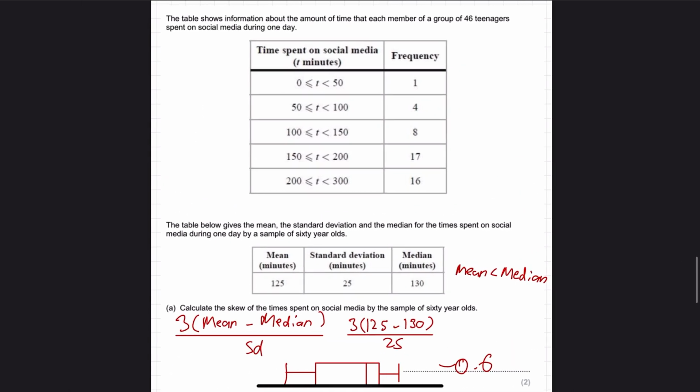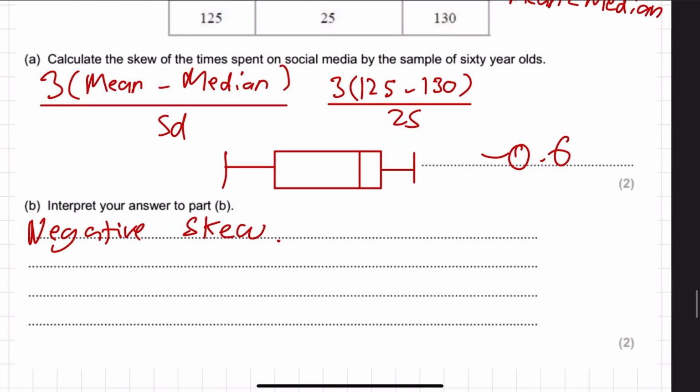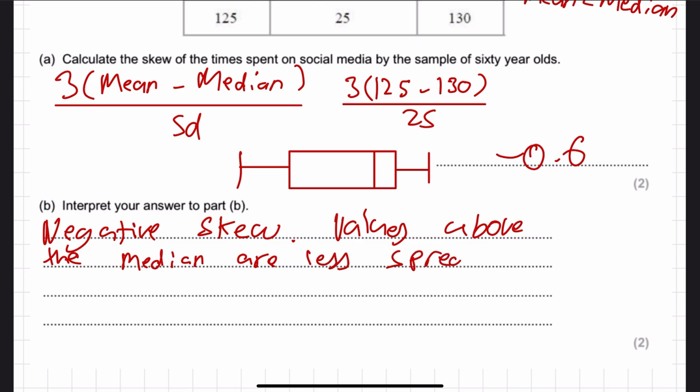But what's the context? So let me just say this. Values above the median are less spread than values below the median.